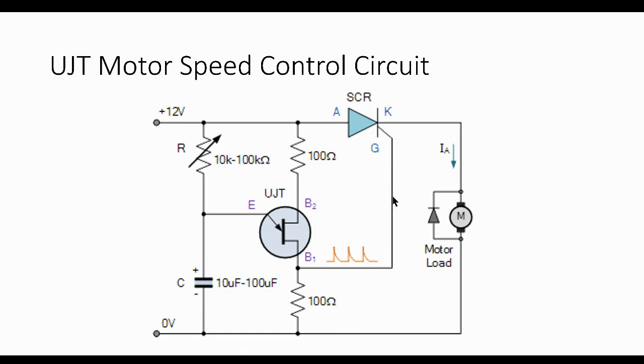So the pulse here is just to turn the SCR on, so it is not going to cause it to pulse. Do you follow what I'm saying? Oh, yes, sir. Right, it's just to switch it on. So you basically control the average output voltage, right? That's basically what you're doing.